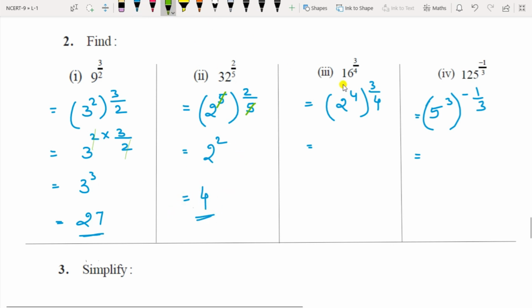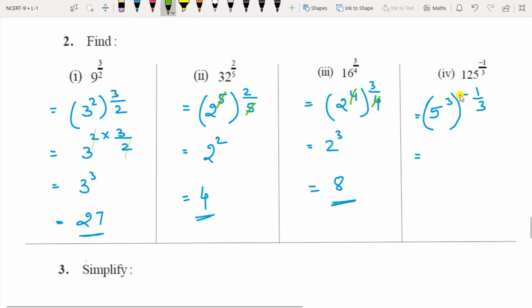In this case 16 means 2 raised to 4. Now here it is possible to write 4 square, but since the denominator of this fraction is 4 here, you have to write 2 raised to 4 and not 4 square. So 4 will get cancelled, so it is 2 raised to 3. 2 raised to 3 means 2 into 2 into 2, that is 8 is the answer.